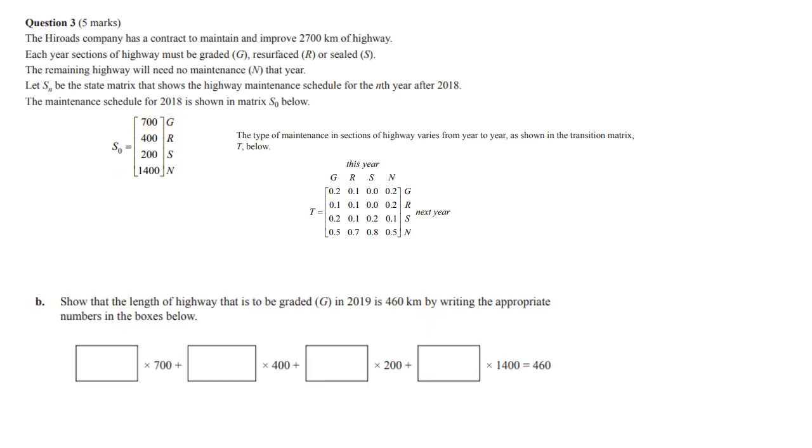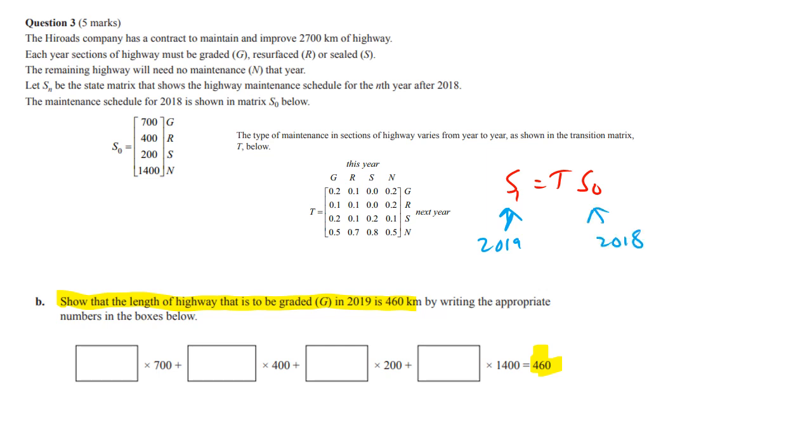So now we've got to show that the length of highway that is to be graded G in 2019 is 460 kilometers. They've given us the value. This is one of those self-correcting questions. If you don't get the right answer, it won't work. Now, we've got this situation that S1 equals TS0, and this is 2019, and this is 2018.